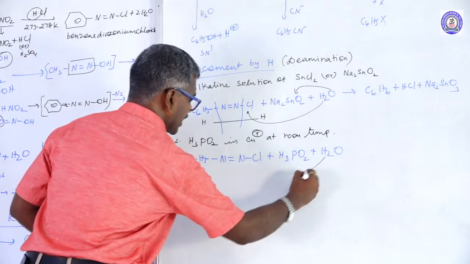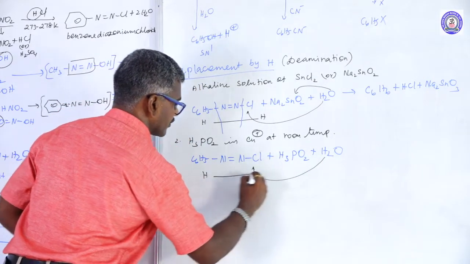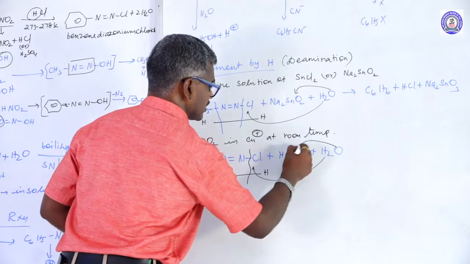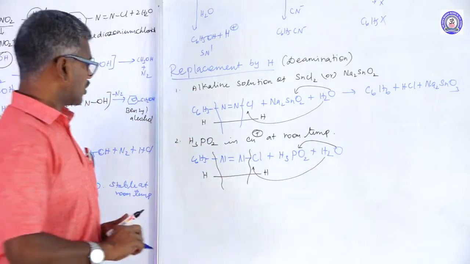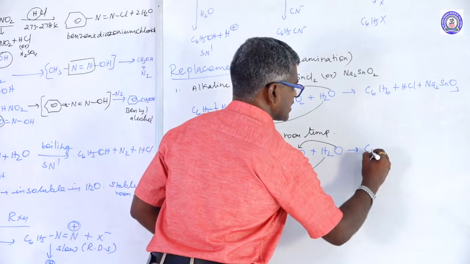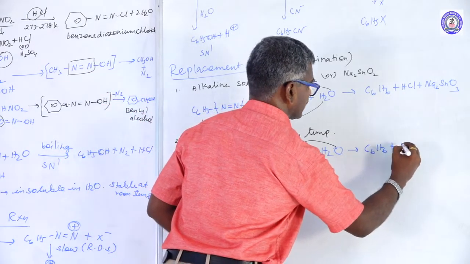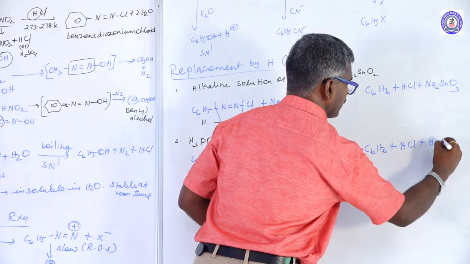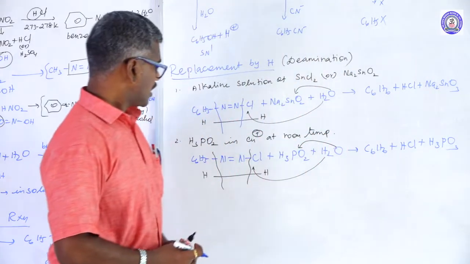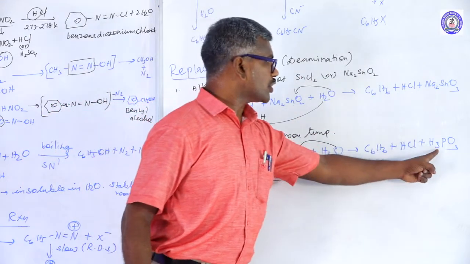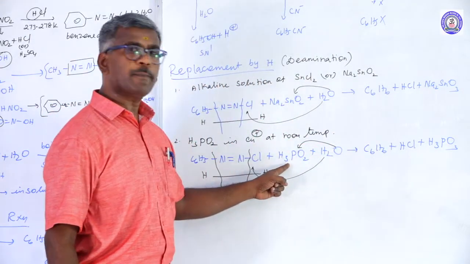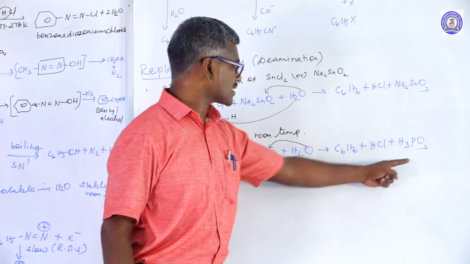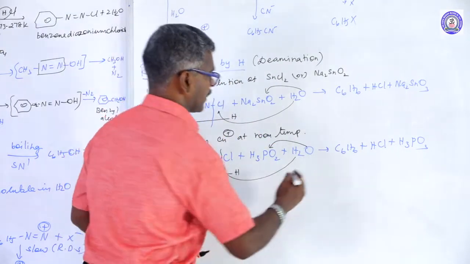Again hydrogen reacts with this compound, this bond breaks, and oxygen reacts with this bond to form C6H6 plus HCl plus H3PO3. H3PO2, hypophosphorus acid, is converted into H3PO3, which is called phosphorus acid or orthophosphorus acid. This is benzene.